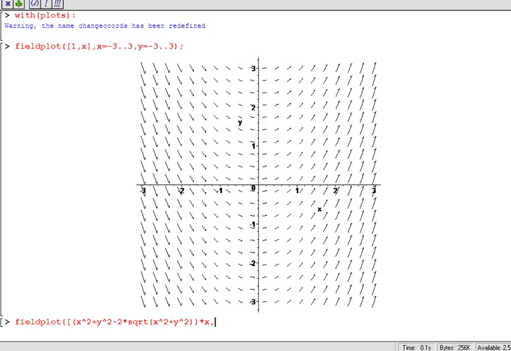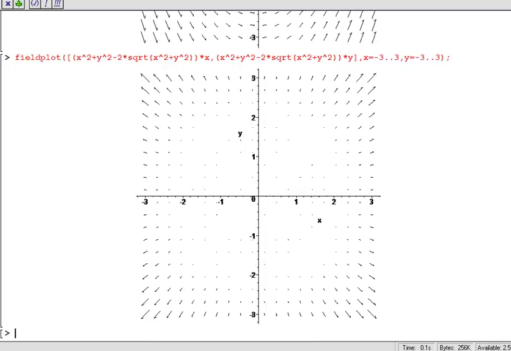Okay, and then the other half is times y. And then I'm going to go from, again, -3 to 3 for x, and y is going to go from -3 to 3. Okay, and it looks like inside there, it looks like a circle without any vectors.